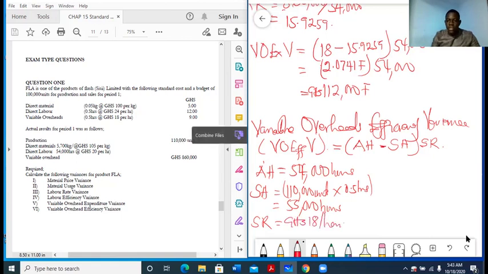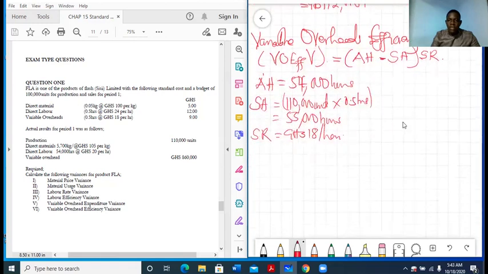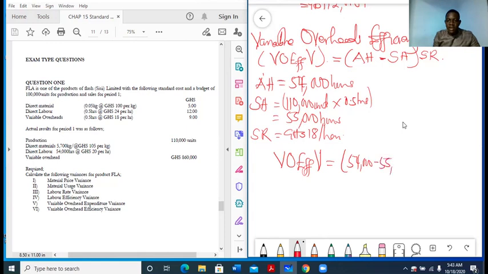Therefore, our variable overheads efficiency variance is equal to 54,000 minus 55,000, measured at the standard rate of 18.